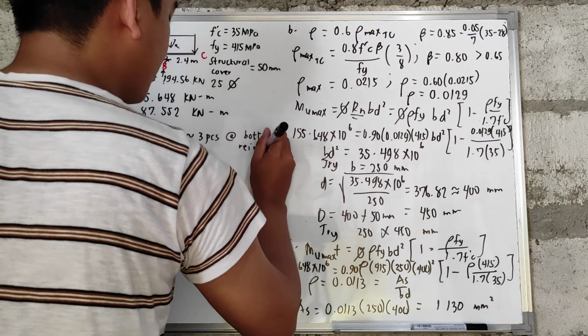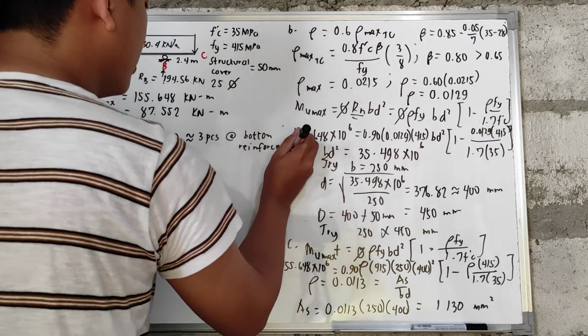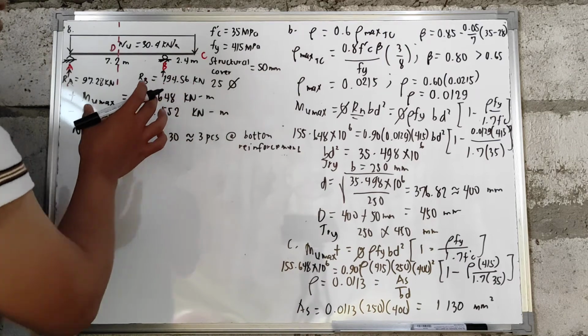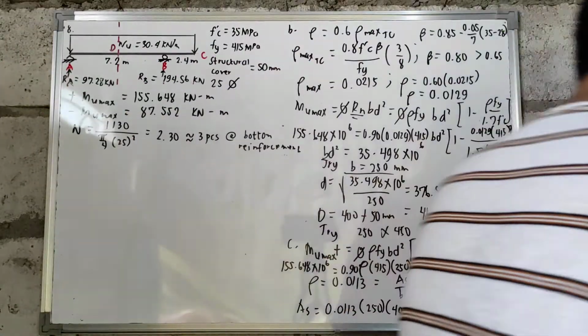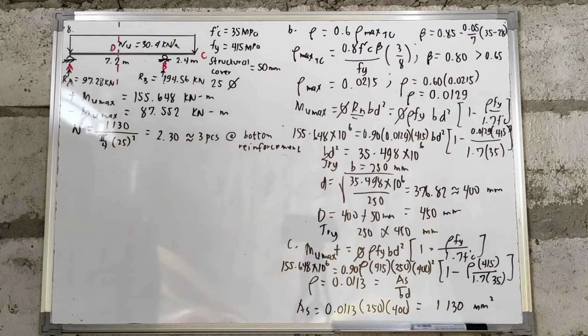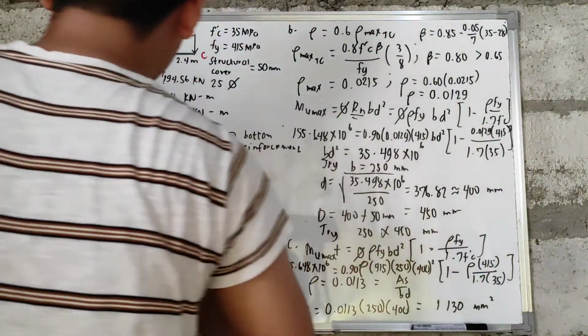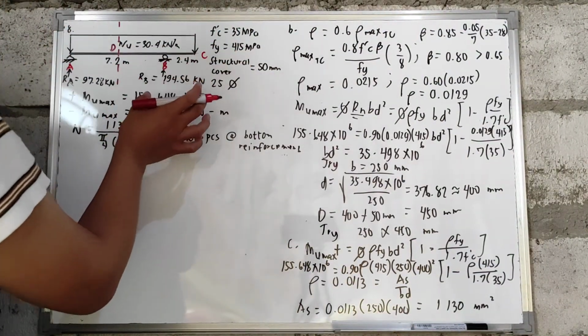Sir, why is that bottom reinforcement? If you're going to draw the elastic curve of this, this beam will deflect like this.